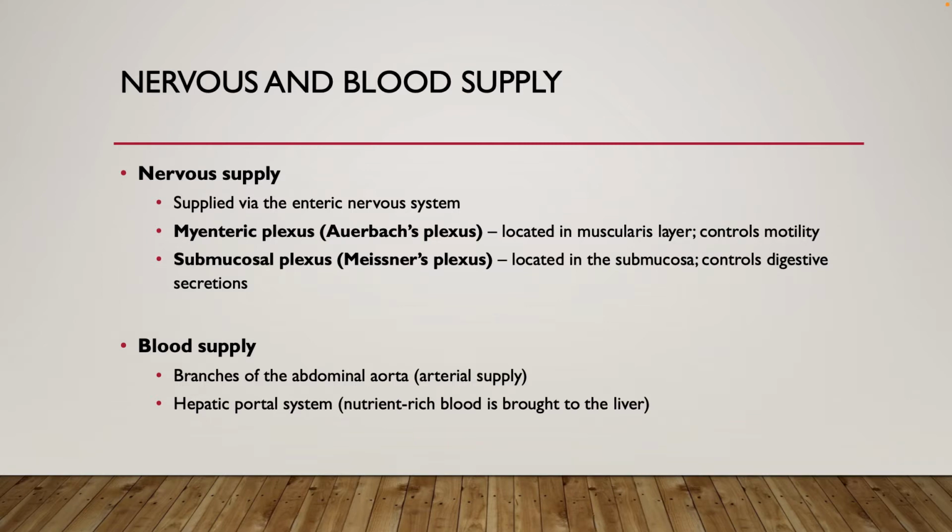So the liver is unique because it receives blood from two different locations. It receives blood from an artery and it receives blood from a vein. Generally we think of an organ receiving blood by an artery and having blood drained away via a vein. But the liver is unique because it actually receives blood from both an artery and a vein. Now this hepatic portal system, I'll show you a picture in this next slide.